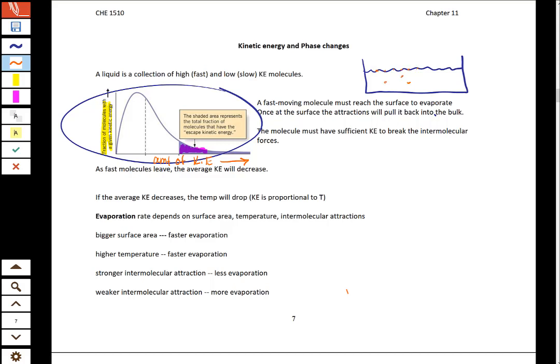And then there are water molecules in what we call the bulk. It's a weird way to say it, but it's what we say. So you have water molecules at the surface, and then you have water molecules in the bulk of the water.